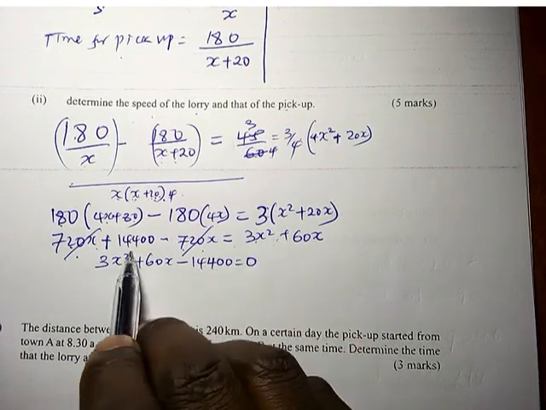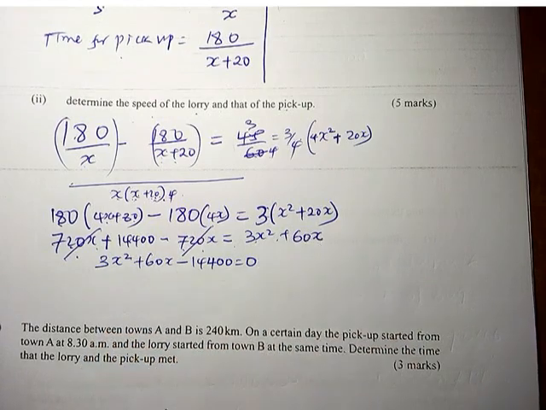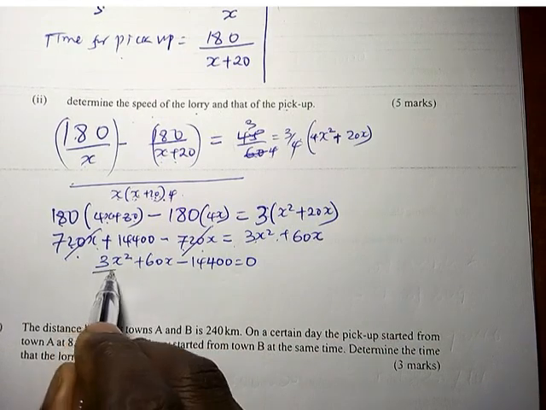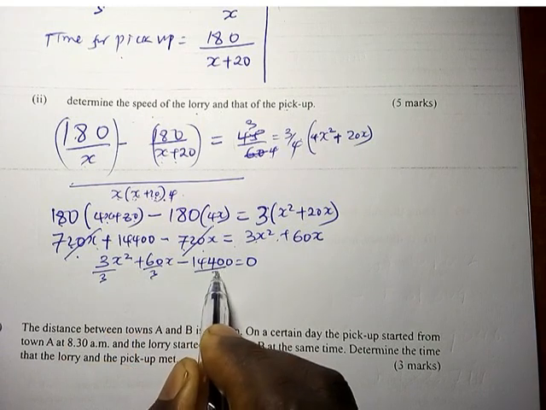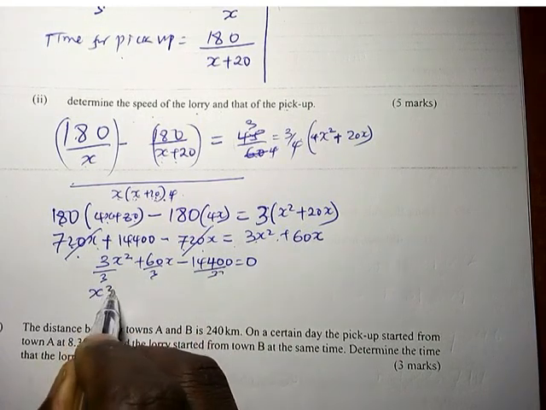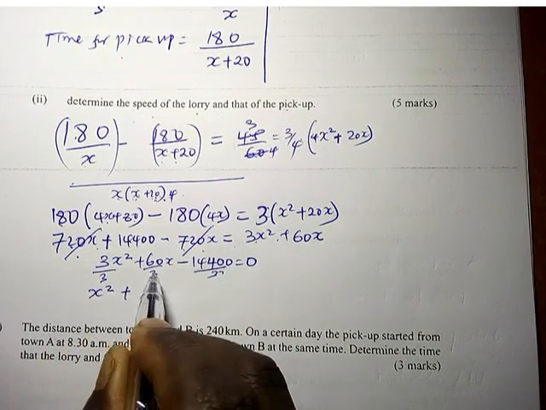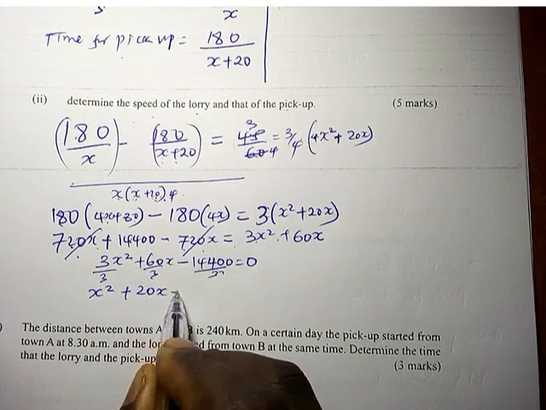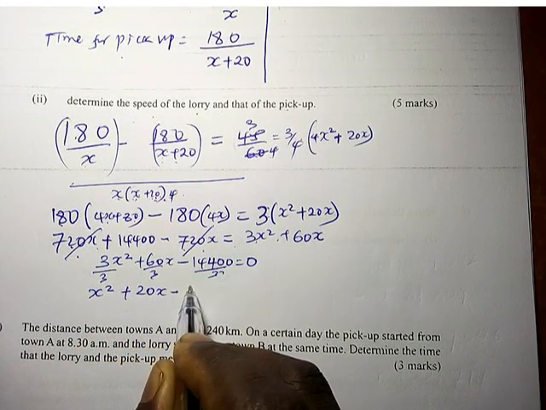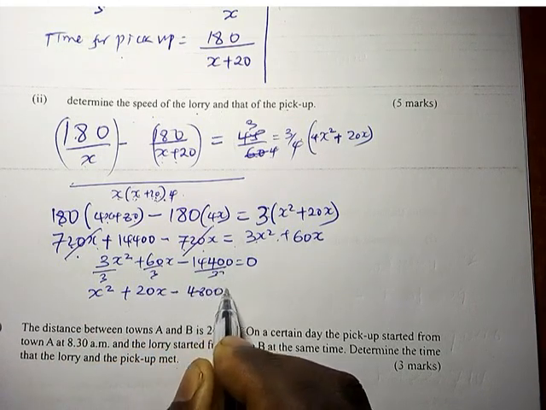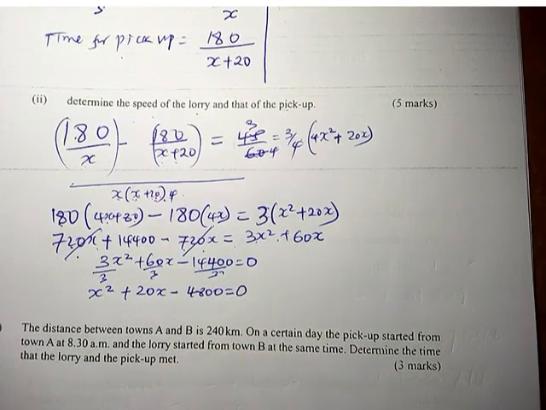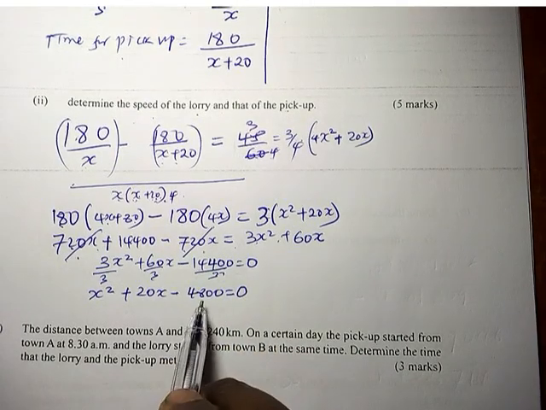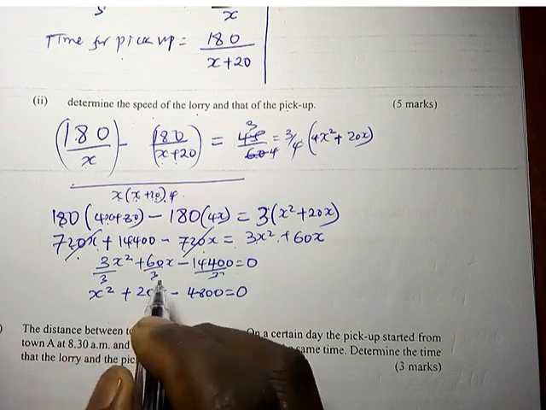This was on the right side, so when it goes to this side it will be negative. We divide by 3 both sides. Every side here we will have x square plus 20x minus 480 equal to 0. So two numbers that will give us, we will have 60 and 80.